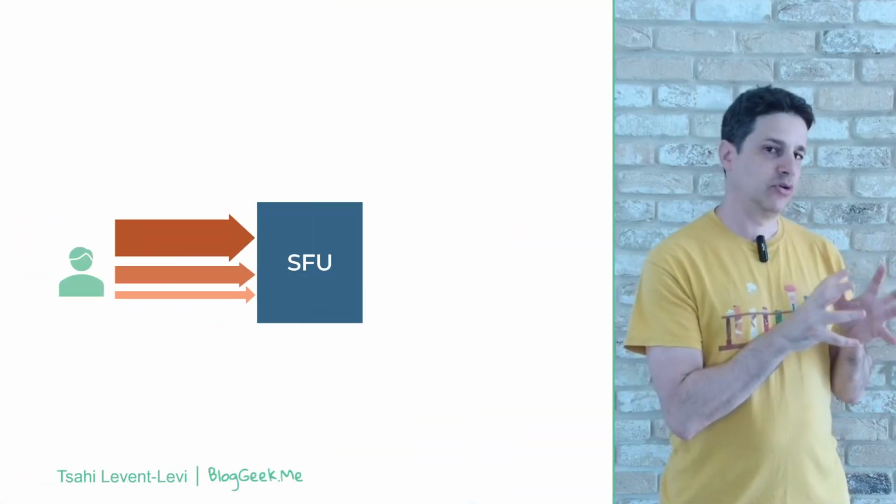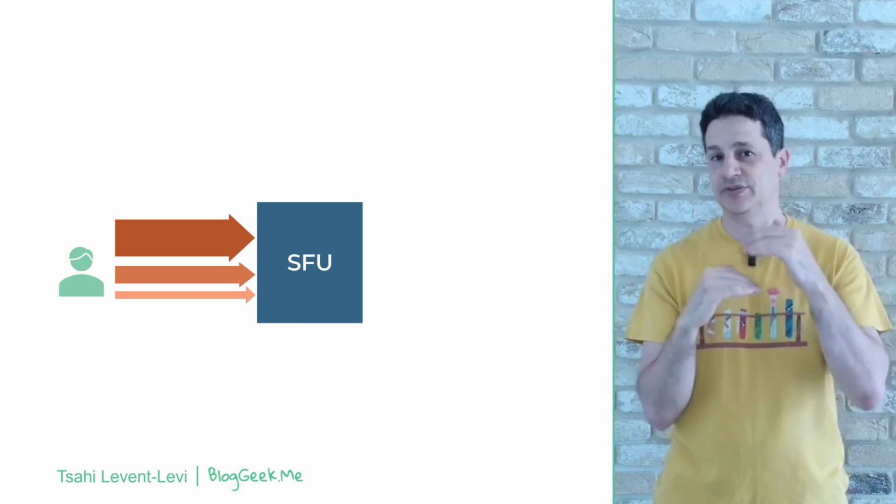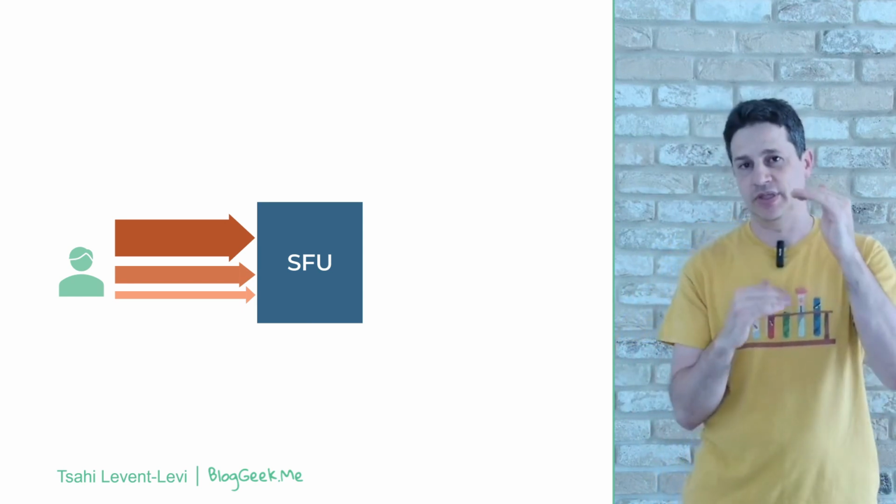And while we're talking about media servers and SFUs, here's one more thing. This is a mistake that I see happening all the time: companies using Simulcast when they shouldn't. What is Simulcast? We have a user. The user is going to send 2 or 3 different layers, 2 or 3 different bit streams of the same video, just in different bit rates.